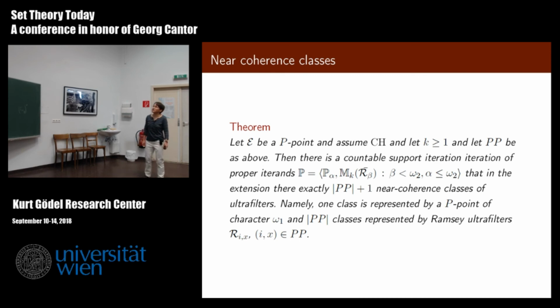We have one preserved one from the ground model, and so many parameters we fixed, so many Ramsey ultrafilters we have. And another CH consideration says that these are all ultrafilters, all near coherence classes in this model here.